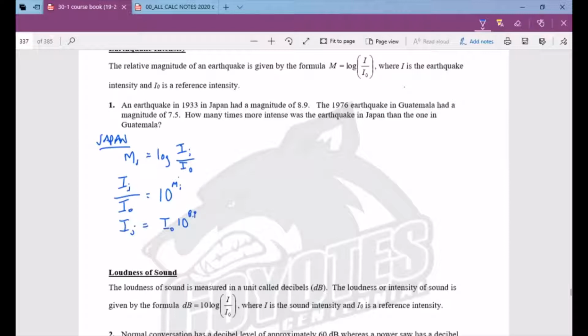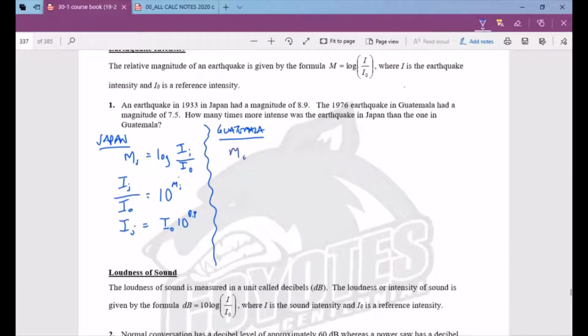Before we go further, just to clarify, this Ij represents the intensity of the Japanese earthquake, but it's an abstract measurement. We're not really going to have a number for that, but we are going to compare it to our next earthquake. So let's switch gears to Guatemala.